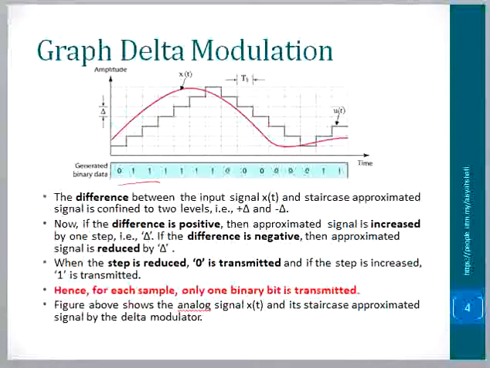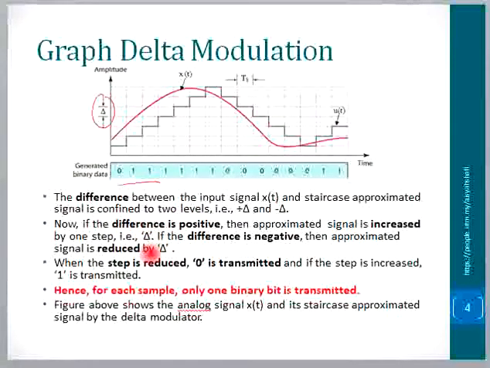The difference between the input signal x(t) and the staircase approximated signal is confined to 2 levels. So here we have delta, which is the difference between the signals, that means the input and the staircase.